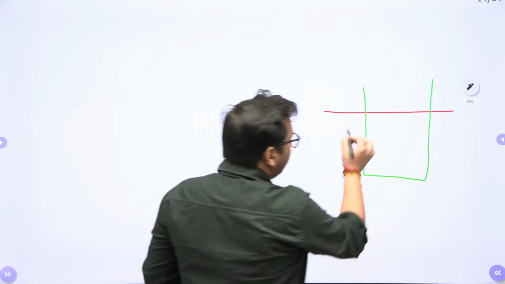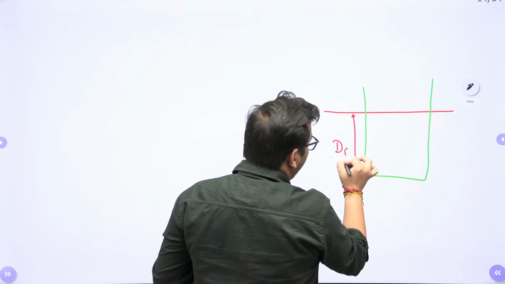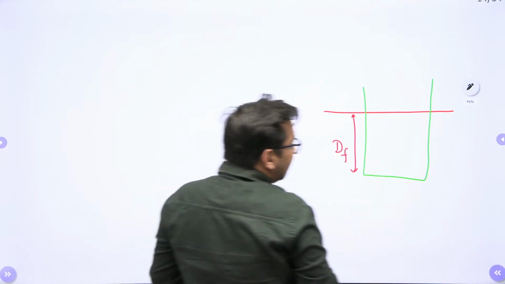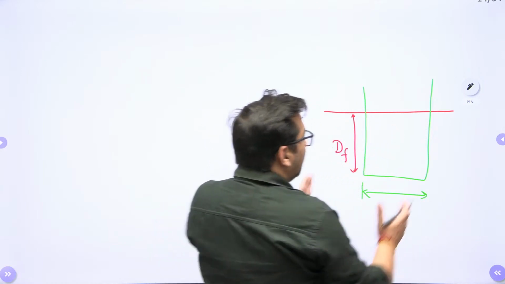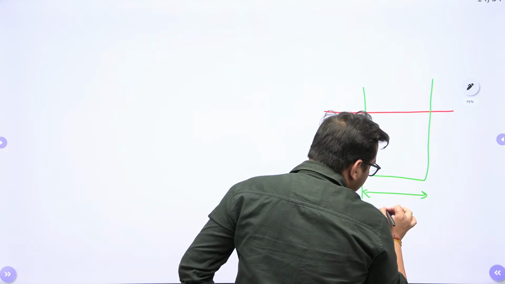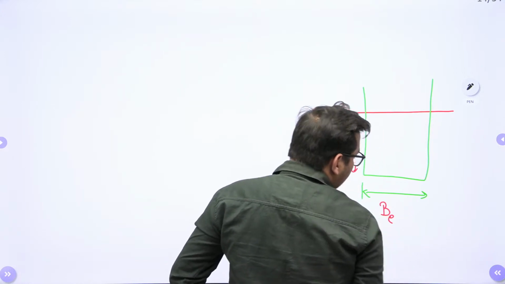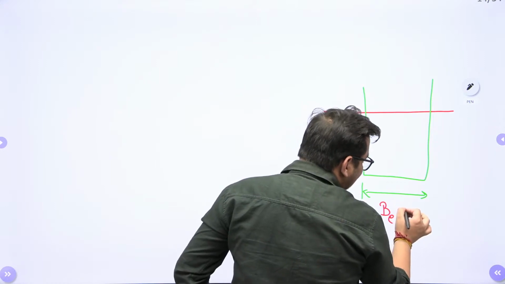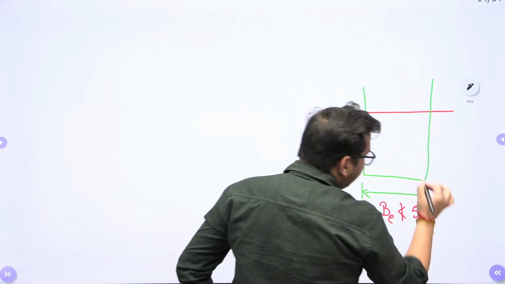So this depth of excavation will be equal to the depth of foundation, and to avoid the contraction from the sides, you take this particular dimension. Let's suppose this is the width of excavation, and it should not be less than 5 times the width of the plate which you are using.